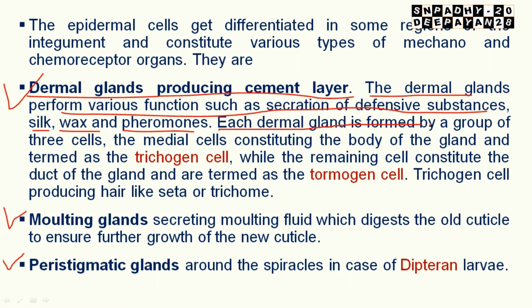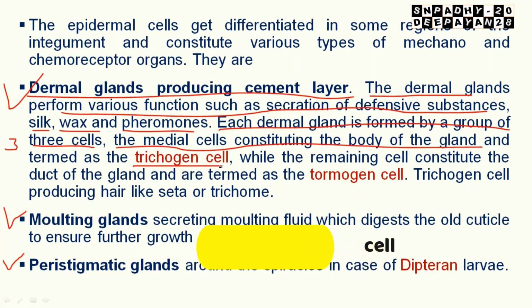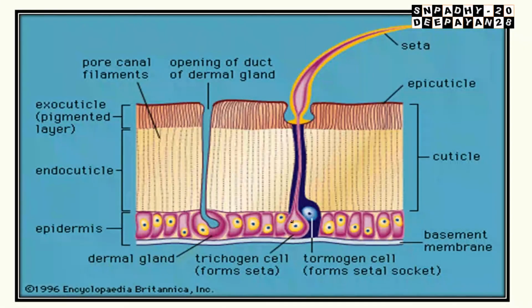Each dermal gland is formed by a group of 3 cells. The medial cell constituting the body of the gland is called what? Trichogen cell. While the remaining cells constitute the duct of the gland and are termed tormogen cells. You see here, this median cell constitutes the body.